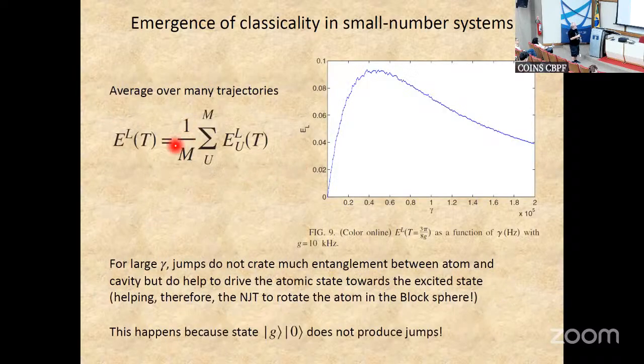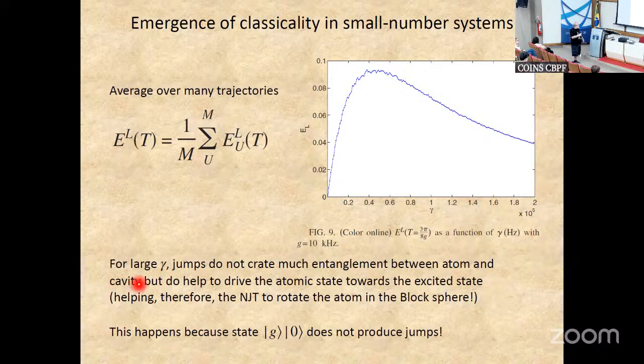Then I can average this quantity over all the trajectories, and what I'm showing here is this average. And you see that obviously for very small gamma, there is no jump, so there is no way that a jump can create entanglement. Then this increases, and then it decreases for larger gamma.